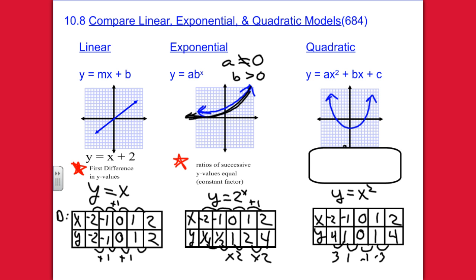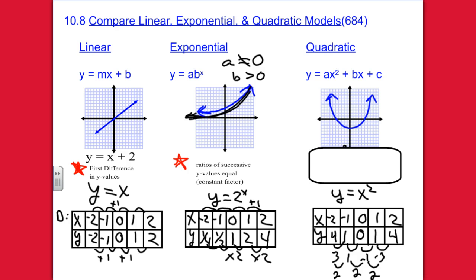Okay, let's try it now. 3 minus 1, 1 minus -1, 1 minus -2, -1 minus -3. 2. What do we see?